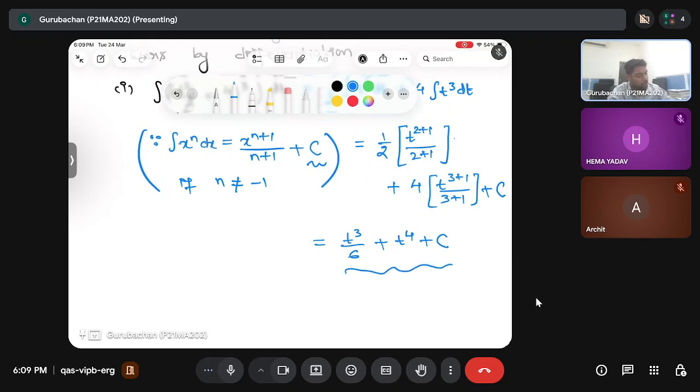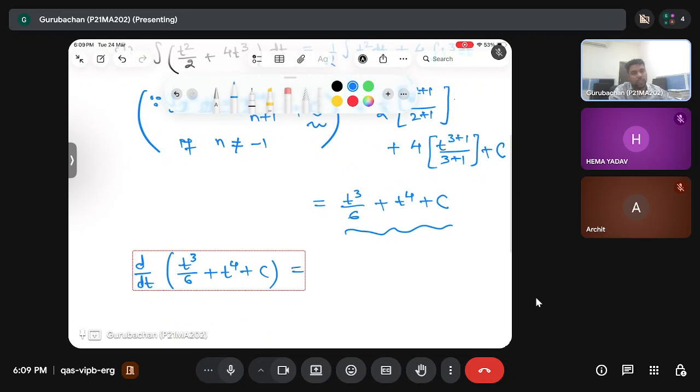So this is your integral value. Now let us differentiate this one. Now you will get to know what role this constant plays. What is the differentiation of x to the power n?